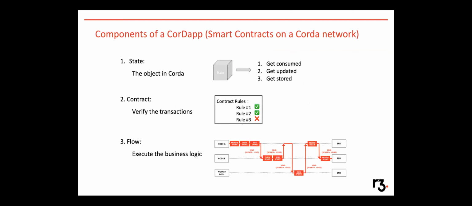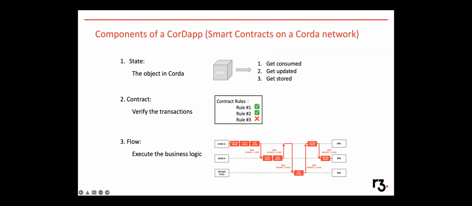Inside of a Corda app, there are three key components: state, contract, and flows. State is like the object in Corda, the information that gets created, stored, updated, and eventually consumed. The contract is the set of rules a transaction needs to go through to be verified.